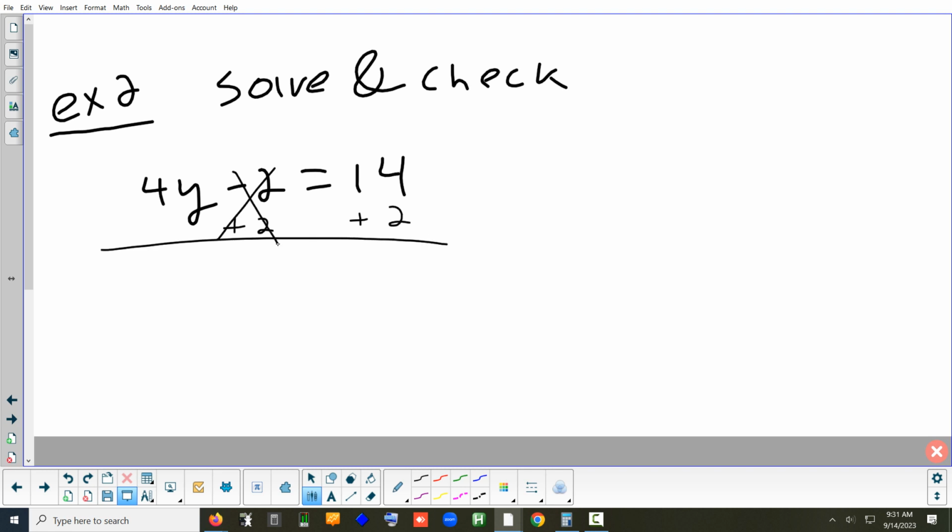Negative 2 plus 2, as Zach just said, gives you 0. So then what do you have left on the left side? Yeah, 4y. So we still have the 4y. And then on the right-hand side, 14 plus 2. Yep. 16.